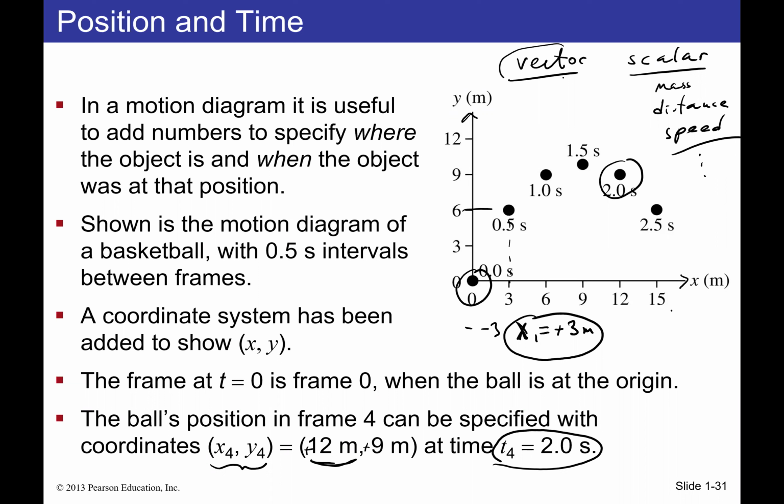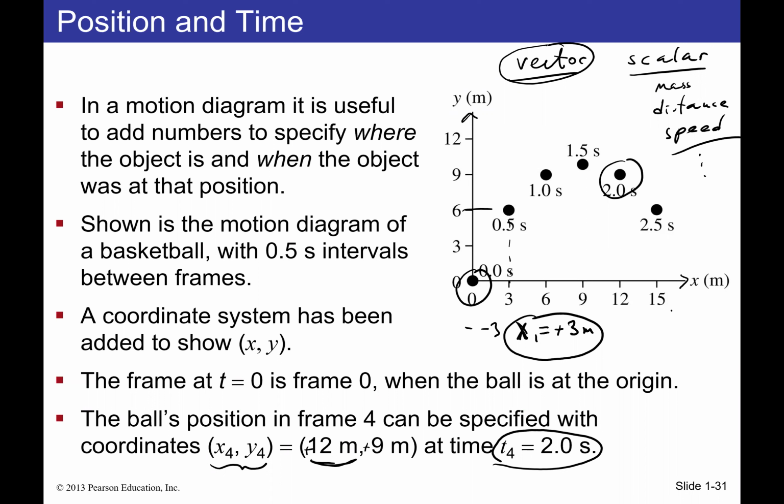But vector quantities require direction. For example, when you want to move from point A to point B, you want to know how far point B is from point A, and also in which direction you should move to get to point B, right? If I tell you move 20 meters, you can move 20 meters in every single direction, all 360 degrees.